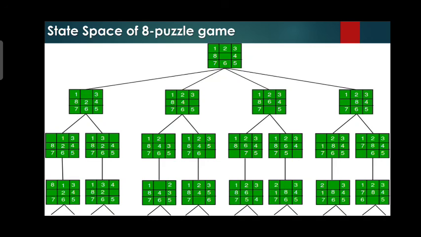But it tells you that by using this state space graph we can find the solution, we can describe the problem, and we can find the conditions and the instructions by which we can follow the procedure. So this was all about problem solving in AI. So stay tuned for upcoming lectures.